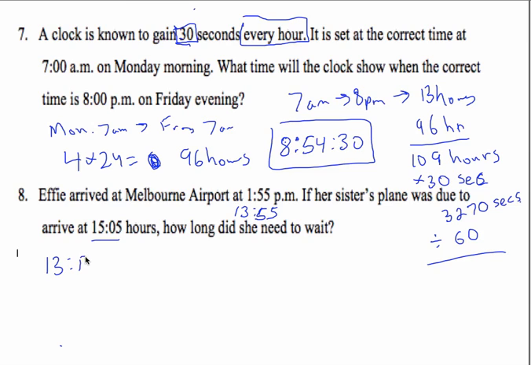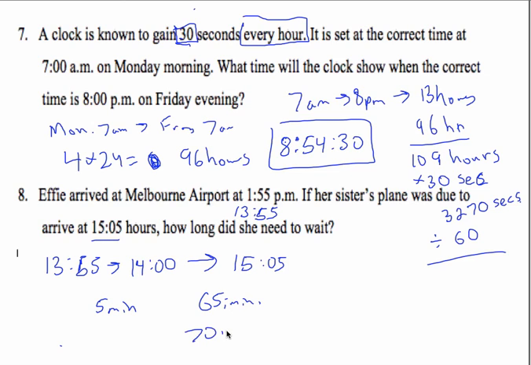From 13:55 to 14 o'clock, which is 2 o'clock, that's 5 minutes. And then we go up to 15:05. That's going to be 65 minutes. So she needs to wait a total of 70 minutes.